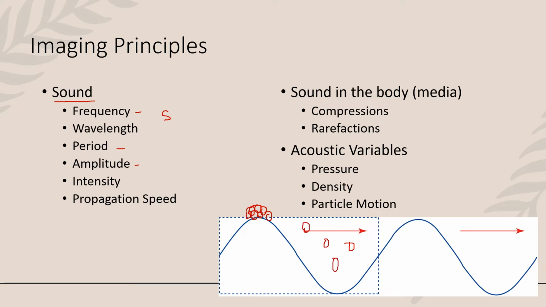Because of that, we look at these areas of compression and rarefaction within patient tissue. So when they refer to the acoustic variables, it's really defining areas of increased pressure or decreased pressure, areas of increased density or decreased density, and areas of particle motion moving from compressed areas to rarefied areas.